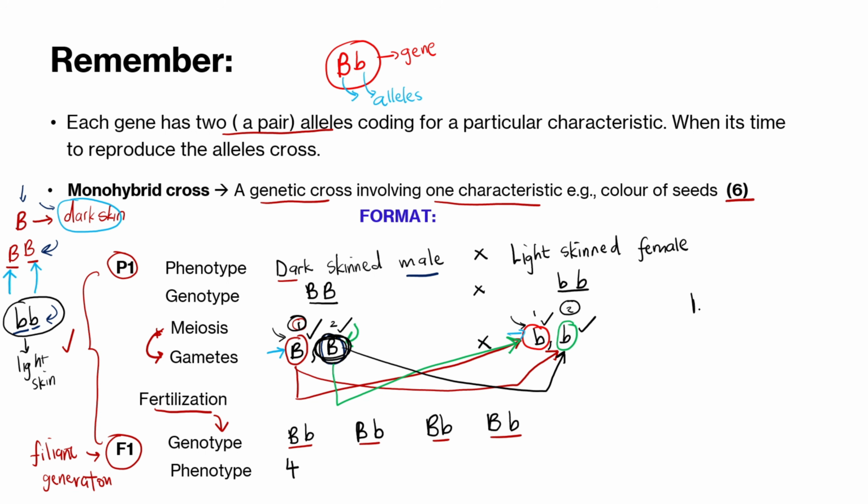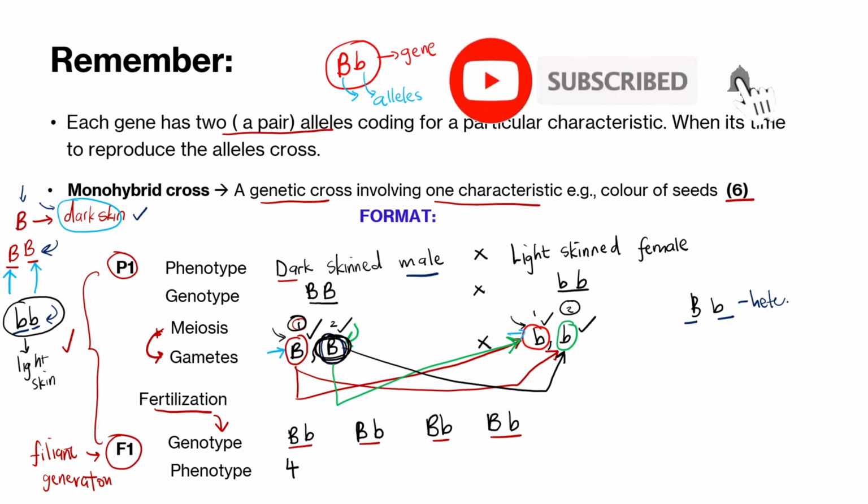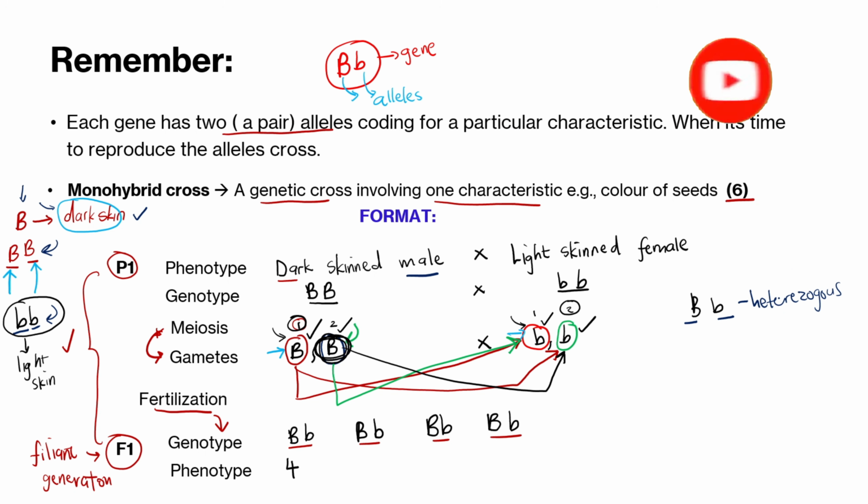Remember, we have said that capital letter B is representing the dark skin. So here we have got capital letter B and small letter b. This is heterozygous. So the genotype is heterozygous.